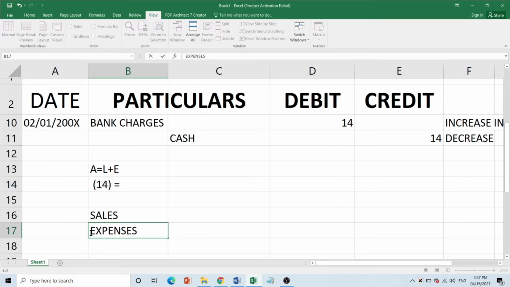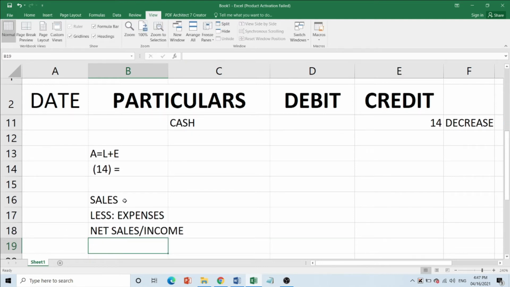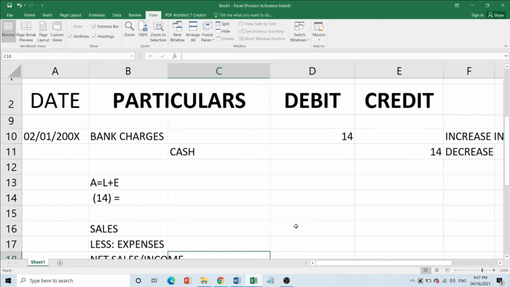Deduction po ng sales, lahat ng operating expense, equals your net sales or net income. Sales or income less expenses equals net income.